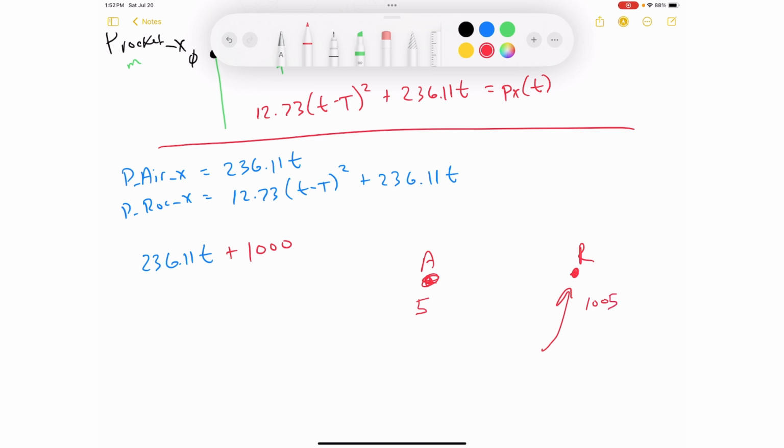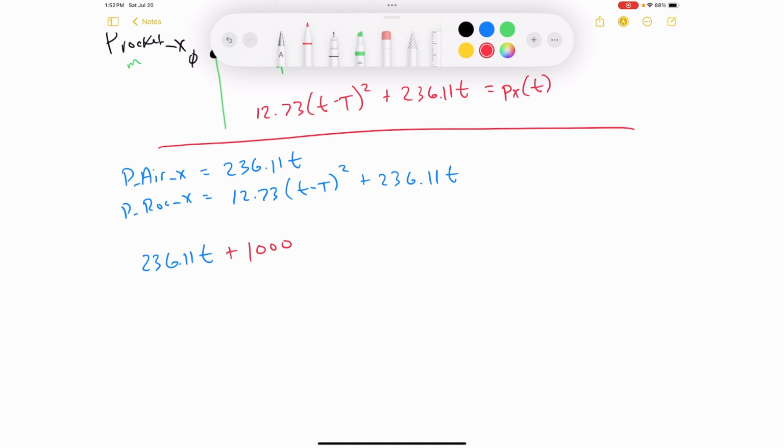Well, then how did you do that? Well, you take the airplane, plus 1,000. So I want the airplane's x plus an additional 1,000, and that should equal where the rocket is in x. Okay. So that's what we're going to do.